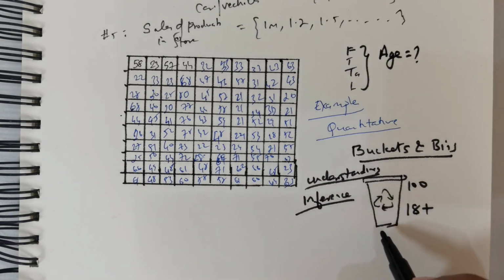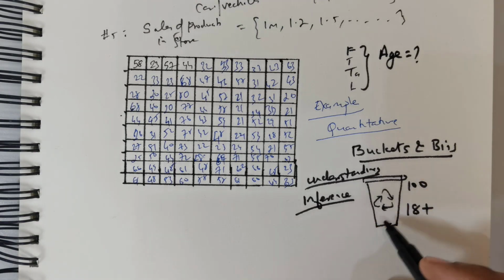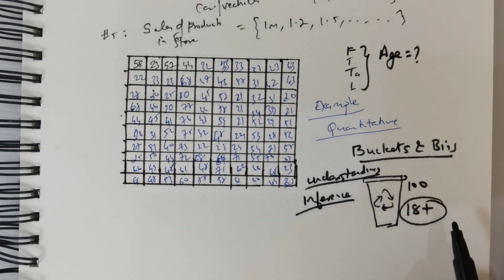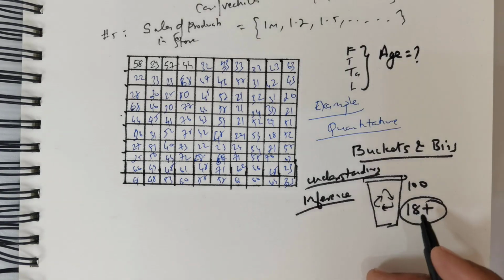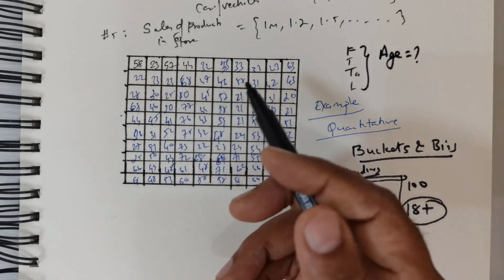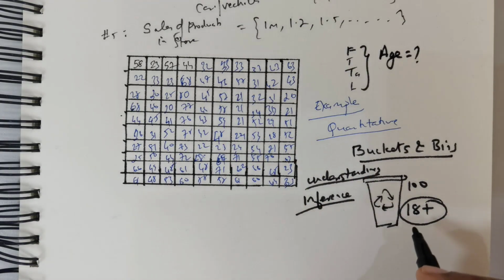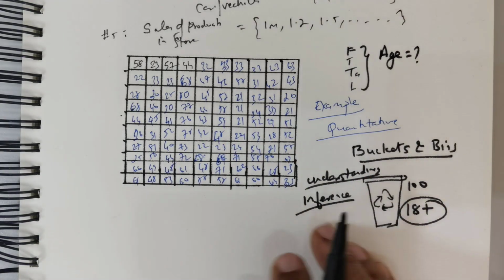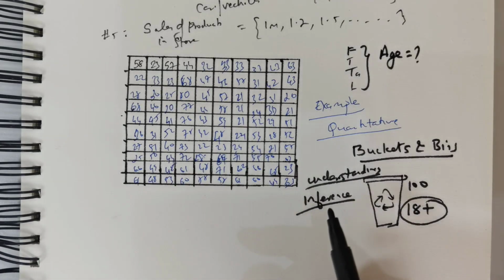The only understanding anybody can get is that the people who are driving cars are 18 plus years of age. You can get nothing more out of it. That tells us nothing more about the data, right?